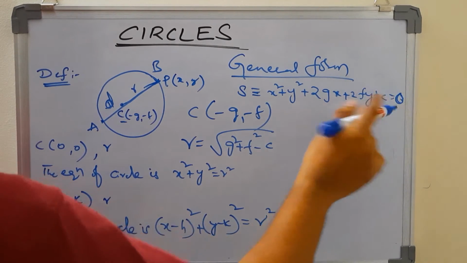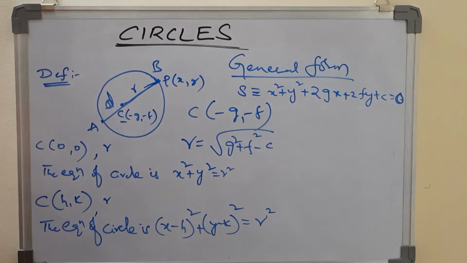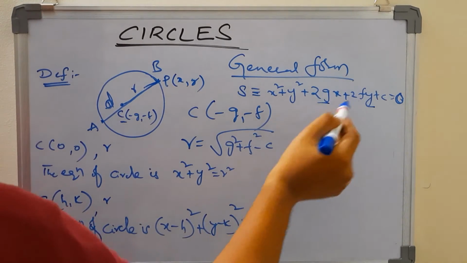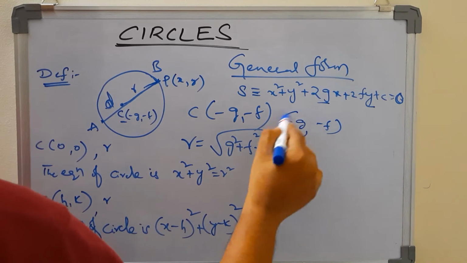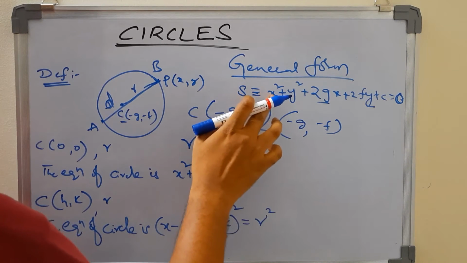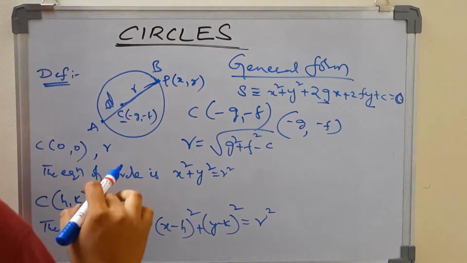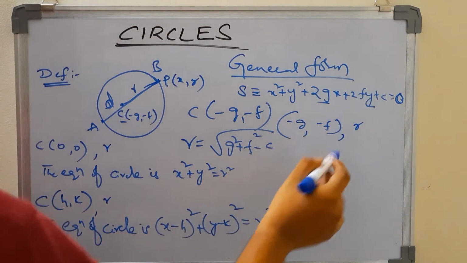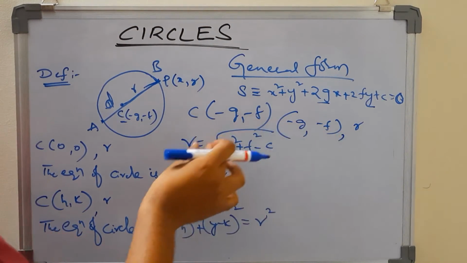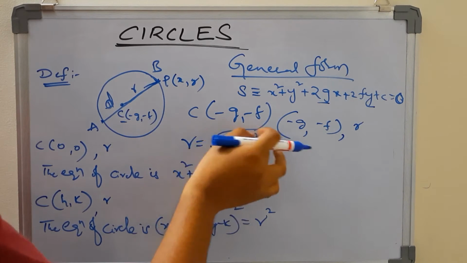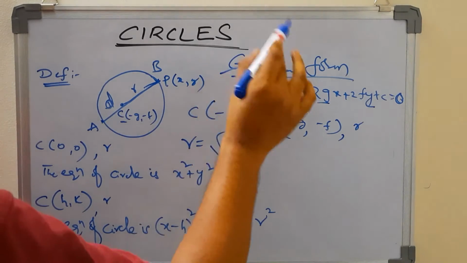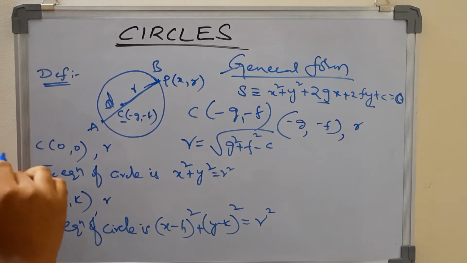Okay, this is the general form of the circle where minus g and minus f are the center of this circle and r is the radius. With center we can find radius, g square plus f square minus c under root. So this is the general form.